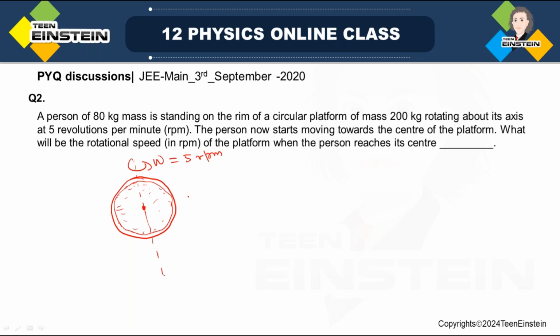Now when this is at 5 rpm, a person of 80 kg is just standing over here.